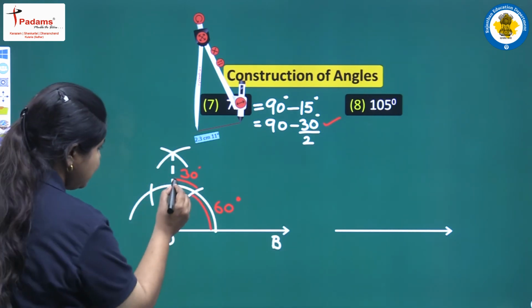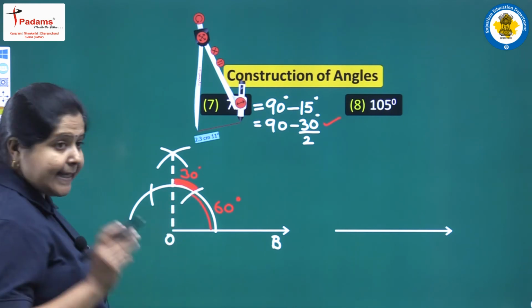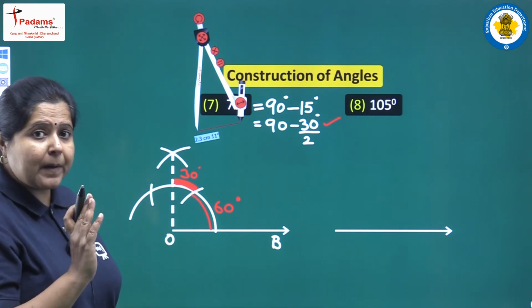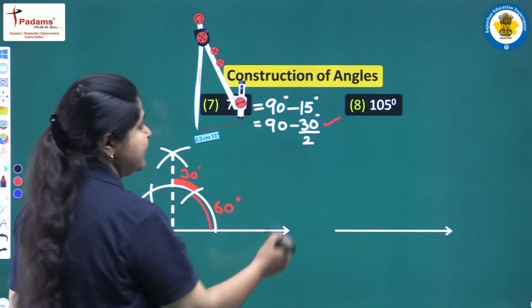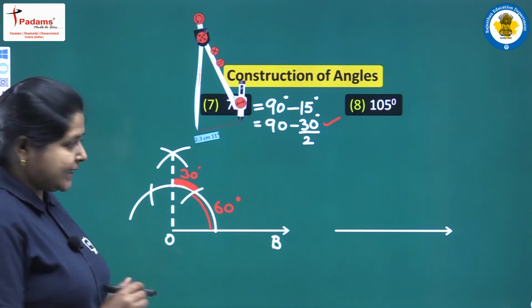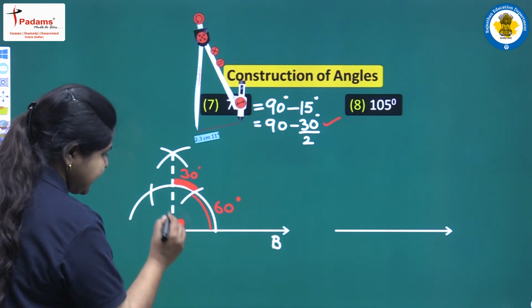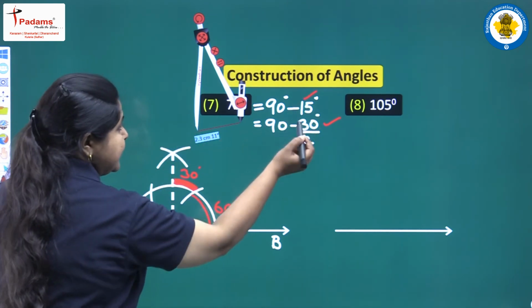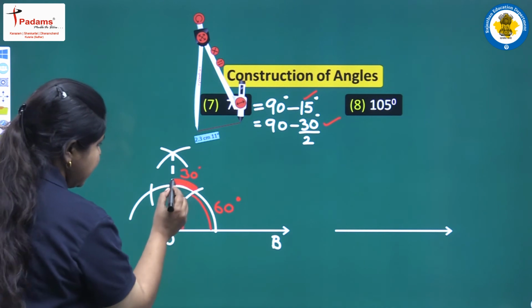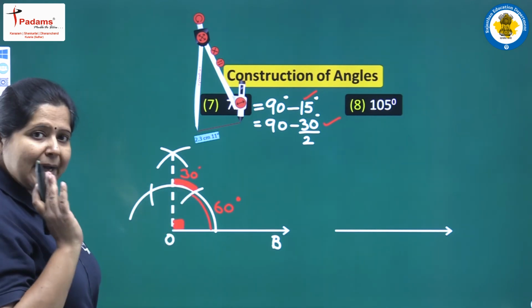So I need to bisect this angle, divide it into two parts, because only then I will be able to subtract 15 from 90. I have this angle of 90 degree, and from this I need to subtract 15 degree, which is half of 30, and I can see this angle of 30 degree in front of me. I need to bisect it.